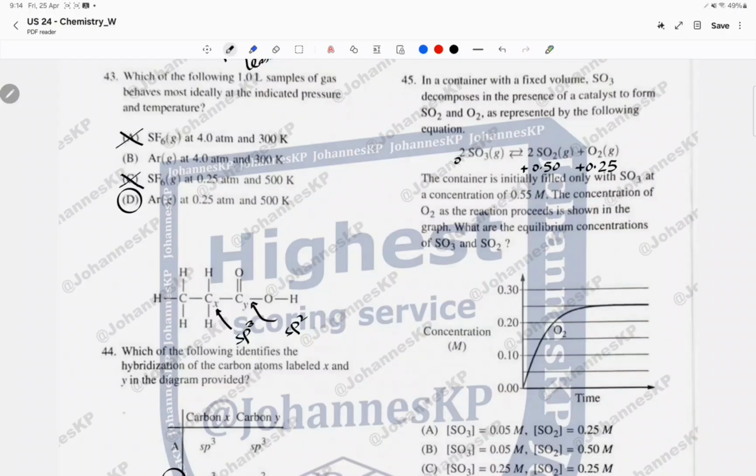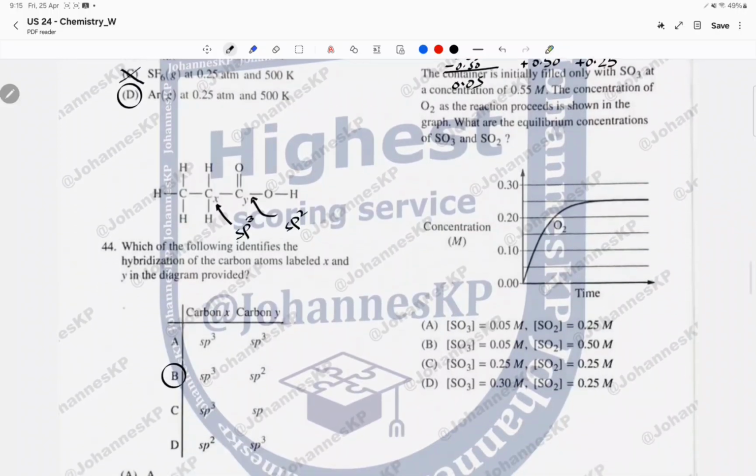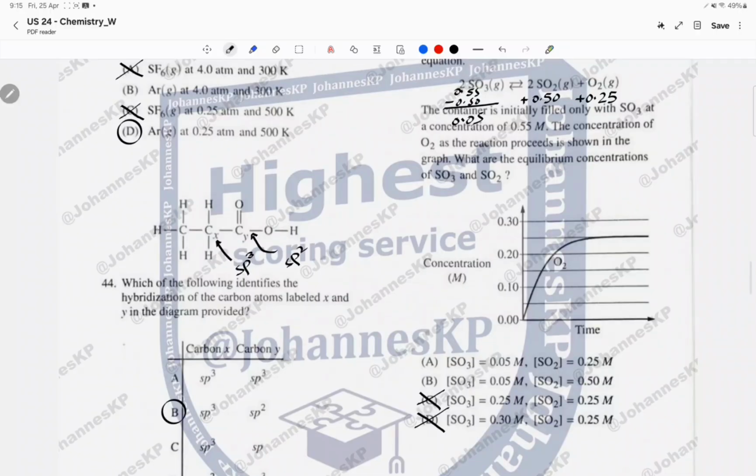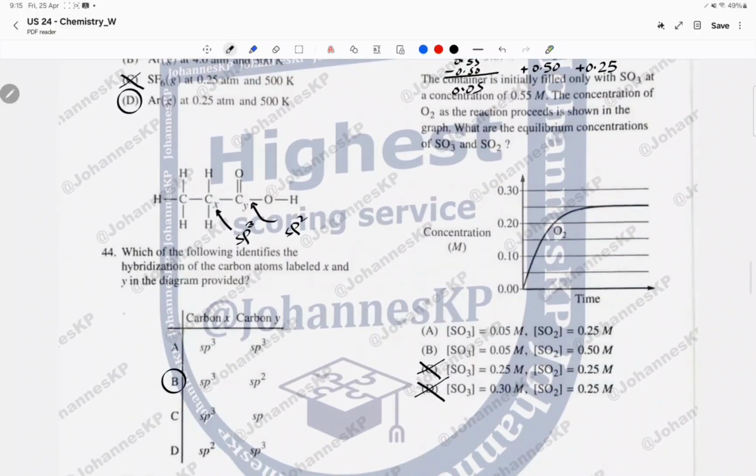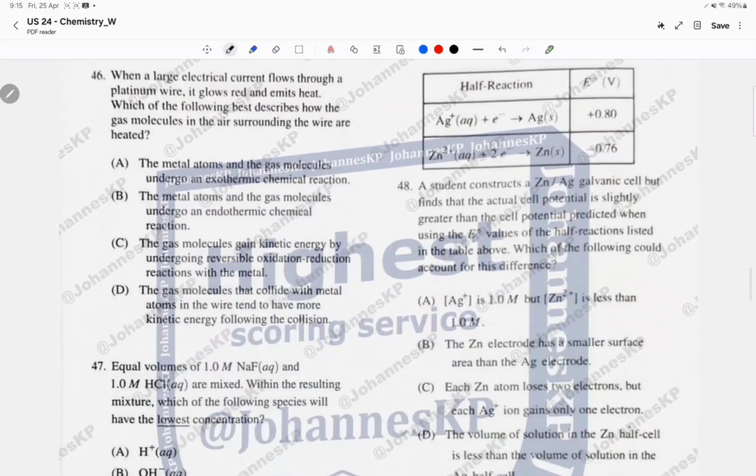And SO3 was 0.55 minus 2X, meaning minus 0.50 must be 0.05. SO3 has to be 0.05. And SO2 has to be 0.50. So it's choice B. Yep.